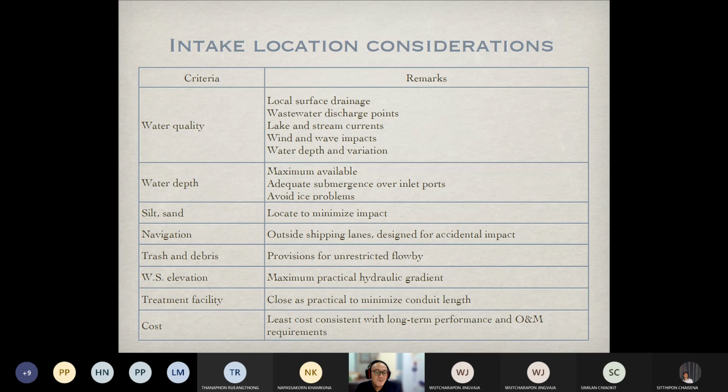Anyway, this plant produces water and supplies it to the people who live in Bangkok and the suburbs, especially on the western side of Bangkok, the other side of the Chao Phraya River.